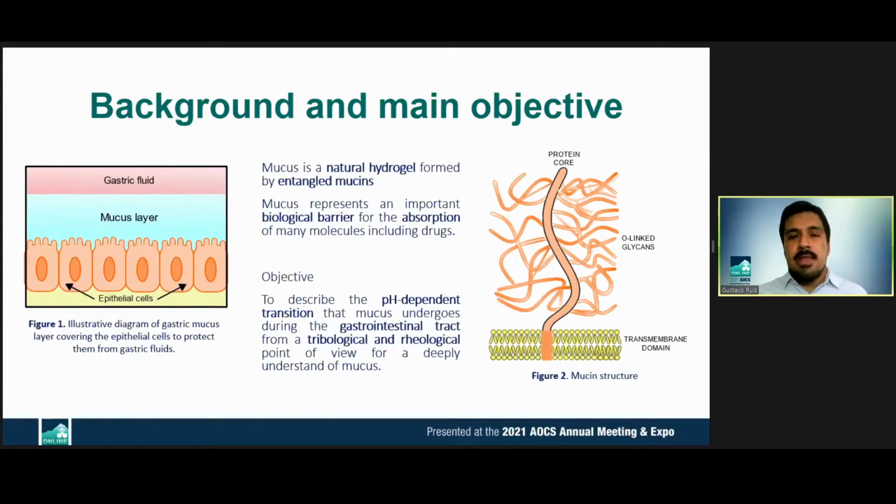So the objective of this research is to characterize the mucus in a better way, using Tribo and rheology, in order to understand more about the mechanical properties of mucus and how the pH in the gastrointestinal tract changes the mucus properties, because I want in the future to work more on drug delivery.